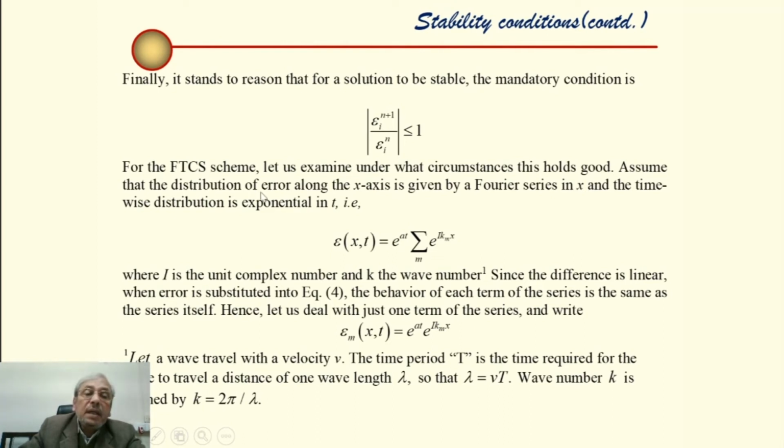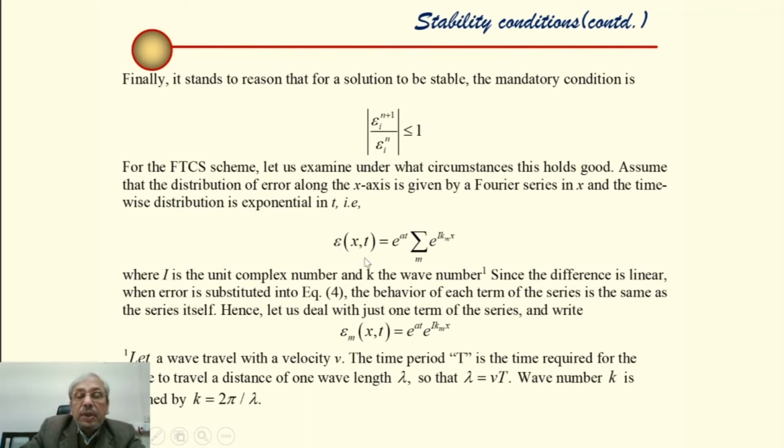Assume that the distribution of error along the x direction is given by a Fourier series in x, and the time-wise distribution is exponential in t.